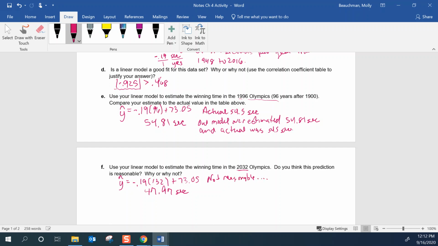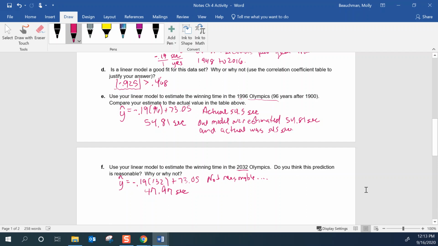And then you would say it's for the two reasons that we talked about. Either it's too far outside our data set, the 2032 Olympics is 16 years from now, and also those points, our line was predicting times as being much faster.